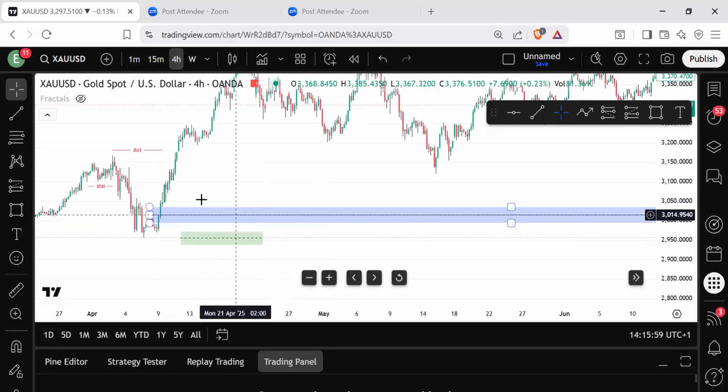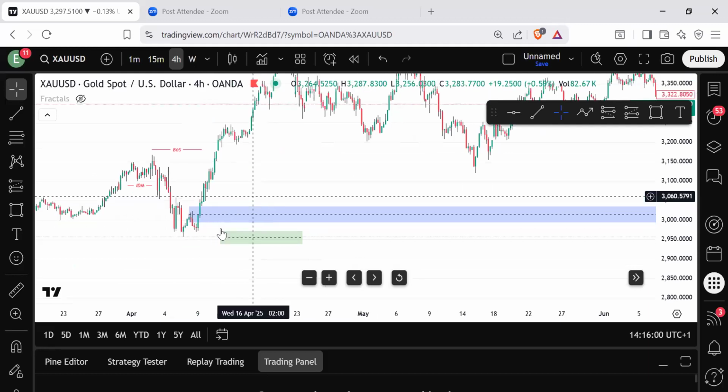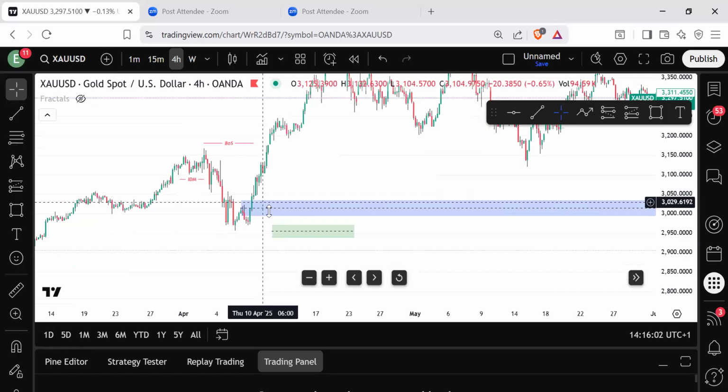The zone itself starts from the bottom of the lowest candle, including the fair value gap.